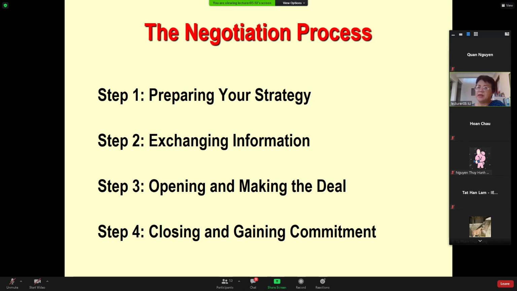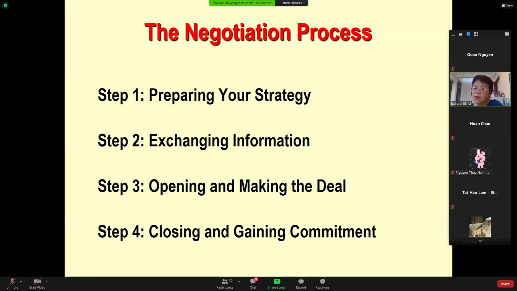Understand your needs, prepare what you are going to talk about and how you are going to talk. Step 2 is exchanging information. We share what we need, we understand what the other side needs, and then how we can bridge the gap.